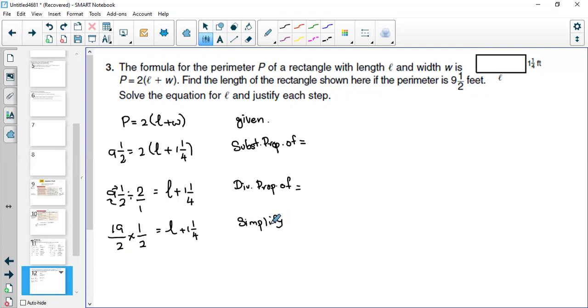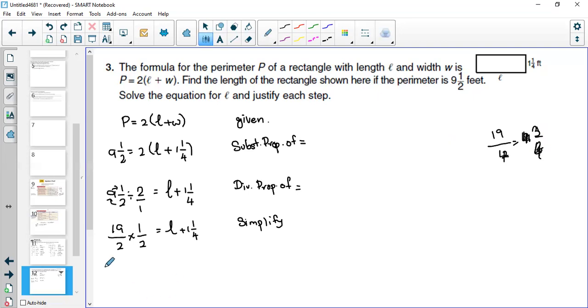So when you simplify, you're going to get 19/2, which is going to give you what? 19/2 is going to give you 9.5. Okay. Again, no. 19 over 4, because you have to divide 2 2s are 4. So this is going to give you 4, 4 4s are 16, right? 3 over 4.